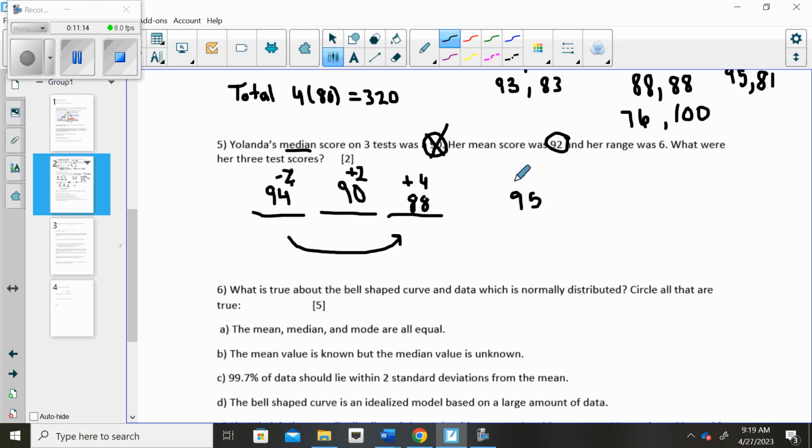Okay, then this person could give away 3, but I need 2 more here to get up to a 92. And if I had to be 6 lower to have a range of 6, that would be an 89, but this guy would need 3 points. Okay, so I can tell that I'm getting closer.